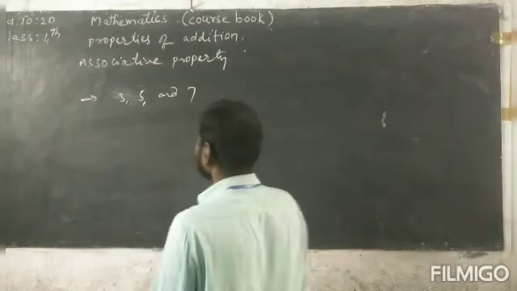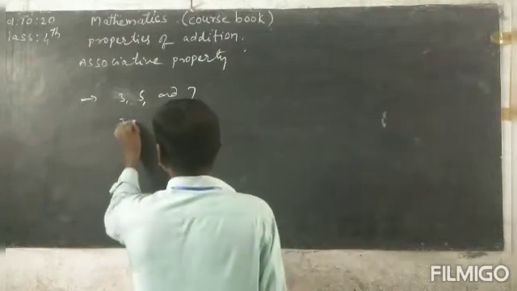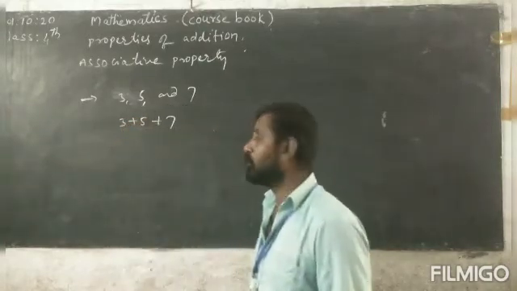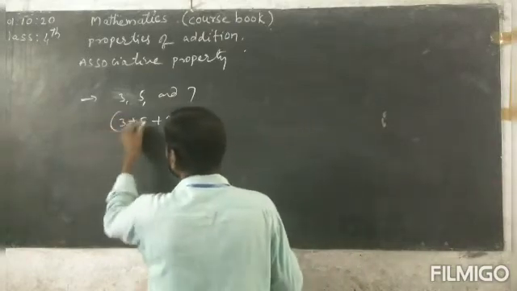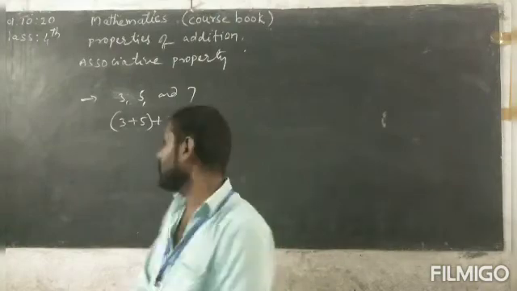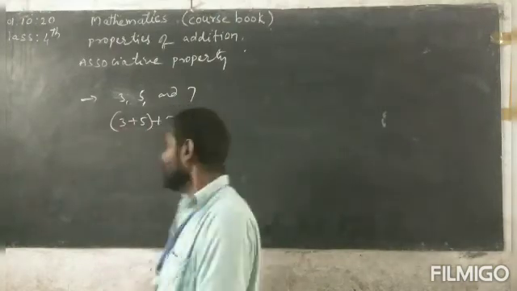Means now I am writing 3 plus 5 plus 7. Here grouping means first we add, this is bracketing numbers. The numbers which are in the bracket, first we add these.